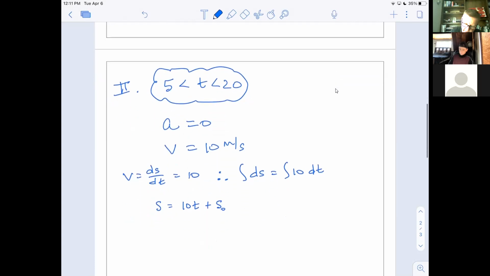Wait a minute, you might think. I thought the equation was 1/2 at squared plus v0 t plus s of 0. Would we get the same answer if we just cheated and used that formula? Yeah, you would, because isn't a equal to 0, which takes that whole part out of the formula. And then initial velocity, well, that might be a little tricky.